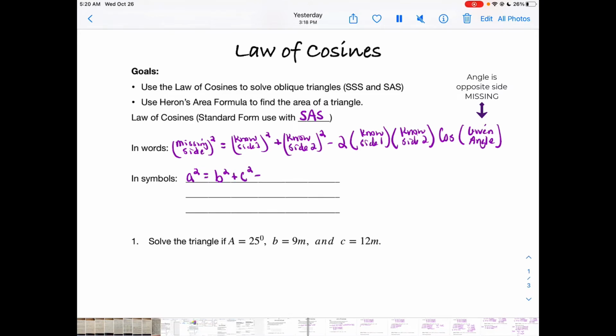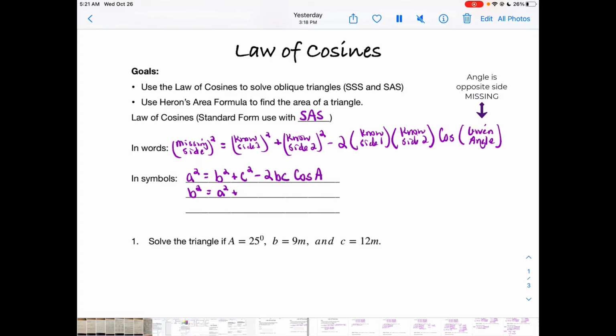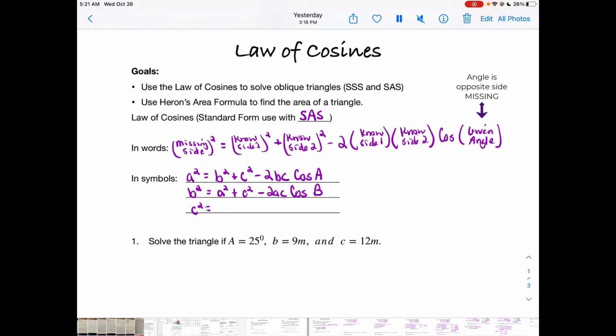So in letters, in terms of a triangle ABC, side A squared is equal to B squared plus C squared minus 2 times BC times cosine of A. If B is the side you do not know, it would be B squared is equal to A squared plus C squared minus 2 times AC cosine of B. And if side C is the side you do not know, it's C squared is equal to A squared plus B squared minus 2 times AB cosine of angle C.